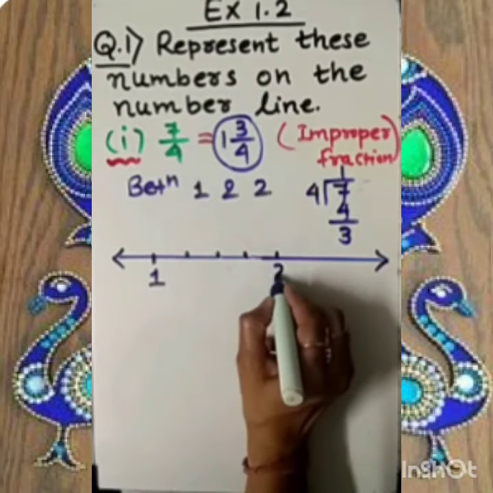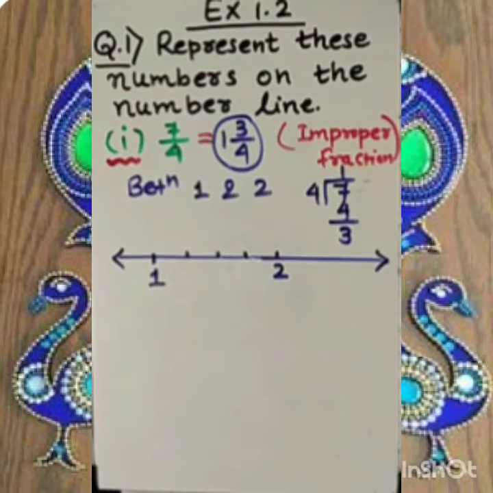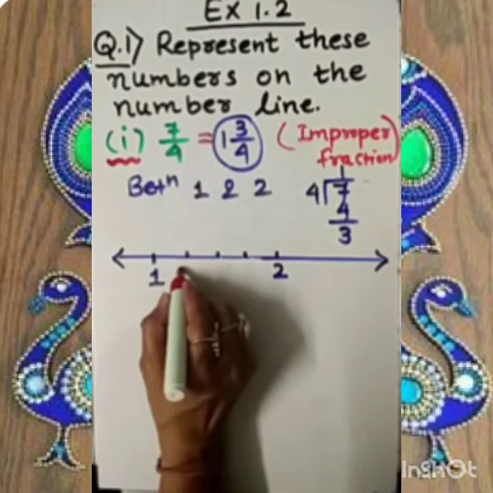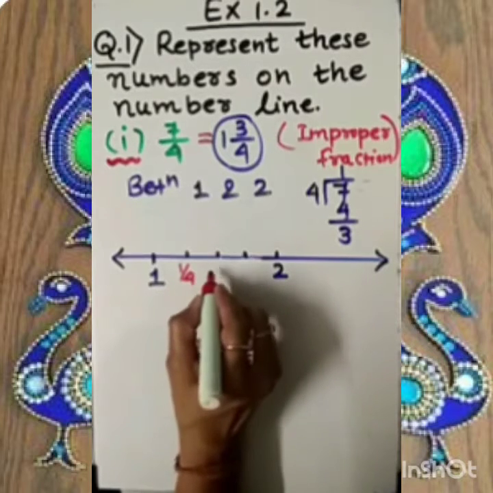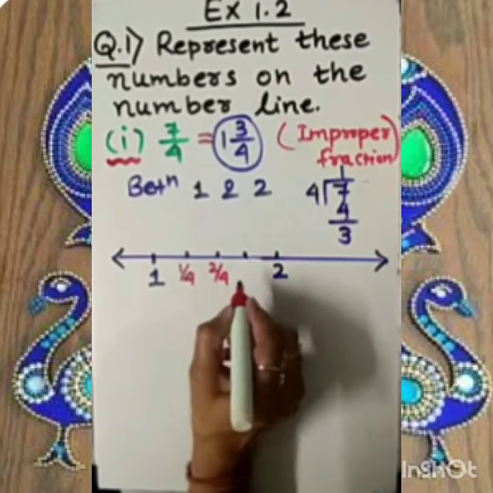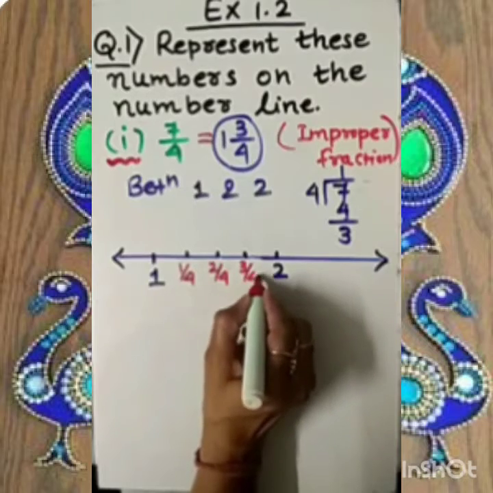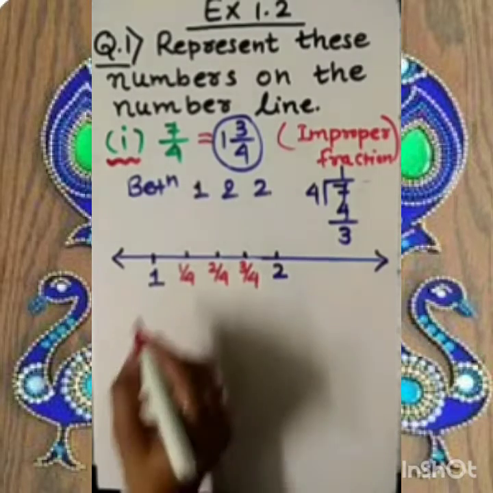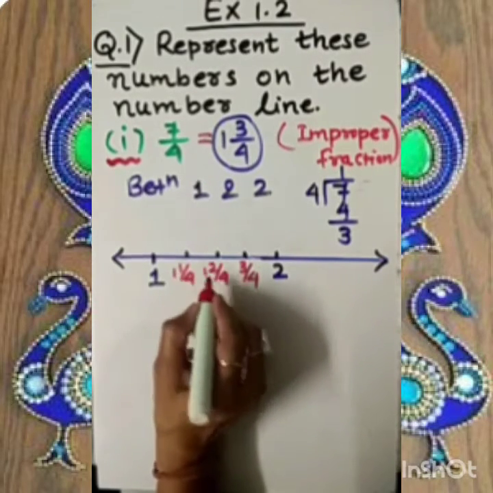Here I need to write this is 2. Fine. So equally 4 parts I have to locate. Now out of these 4 parts, of course this will be the first part, that is 1 by 4, 2 by 4 and of course this will be 3 by 4. Here along with this, an integer part will always be there.